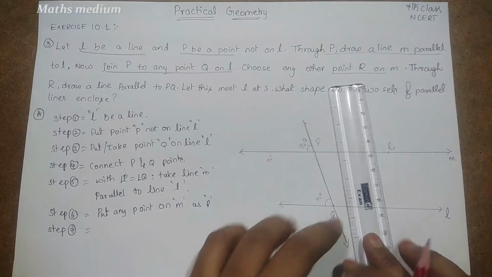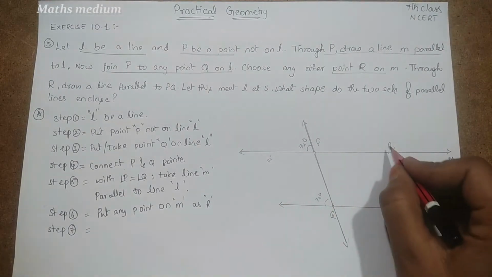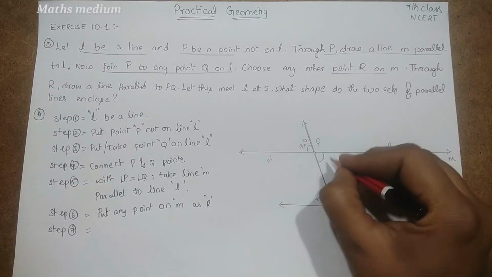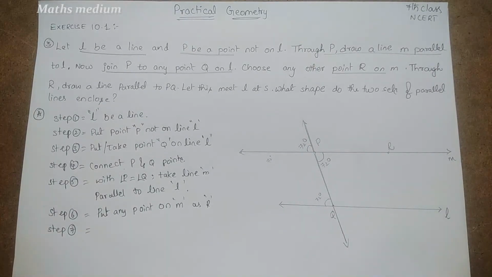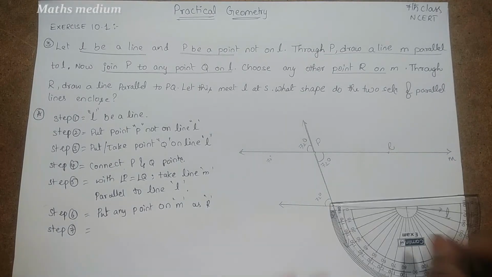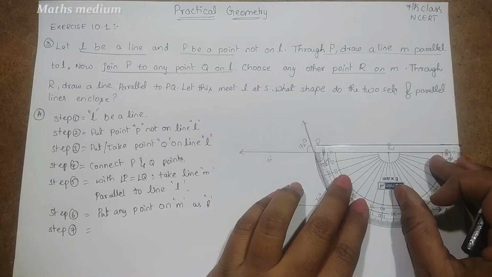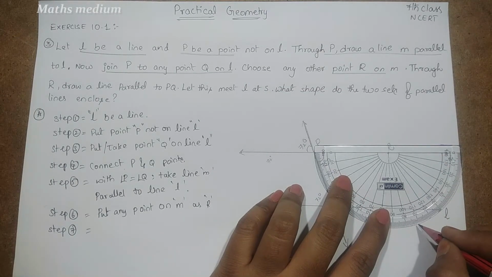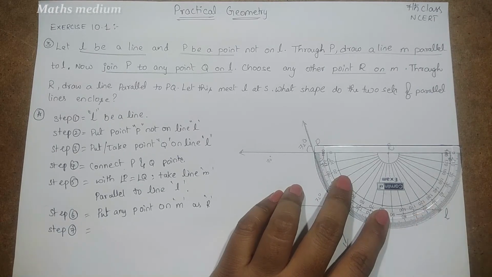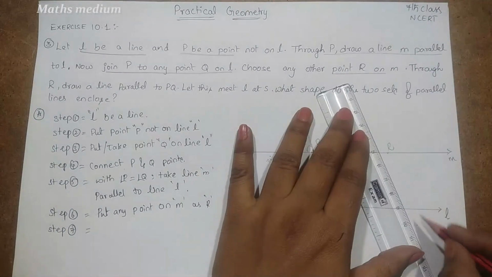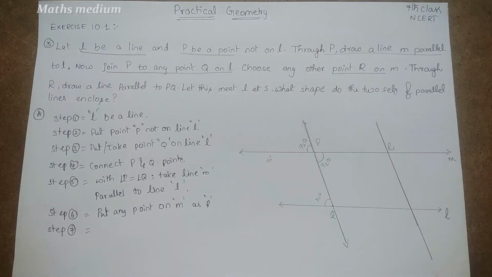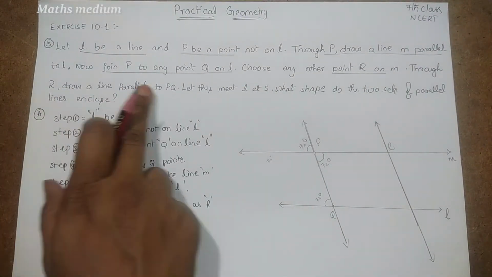Now, in order to get this line parallel to this line, we have to measure this angle. These two are the same, so this is also 72 degrees. Now, take the protractor's help and here also mark 72 degrees, and connect these two lines. See, these two are parallel lines. Through R, draw a line parallel to PQ.